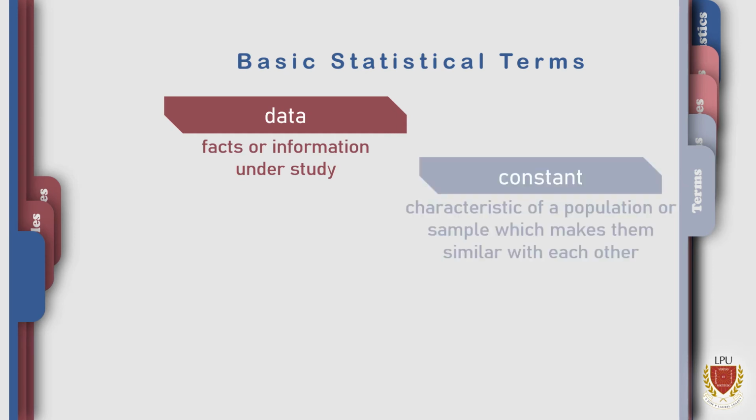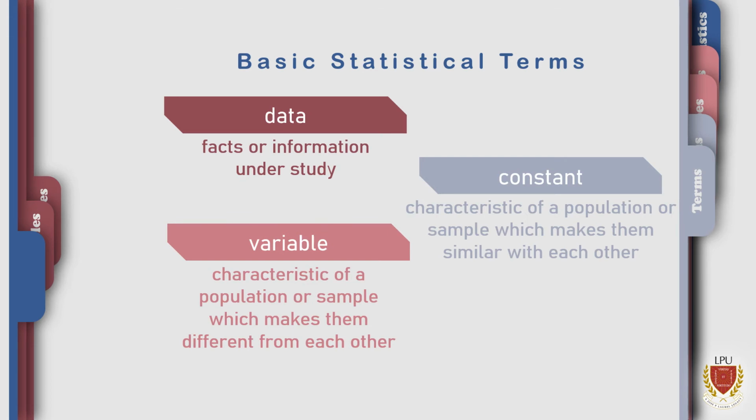Constant pertains to the characteristics of a population or sample which makes them similar with each other. Example of this is when you are inside the classroom together with your classmates. What makes you similar with each other? Is it your age, gender, nationality? Of course, I am sure that the constant in all of you today is the course taken, which is mathematics in the modern world.